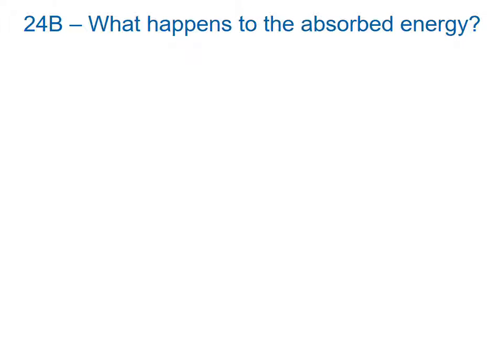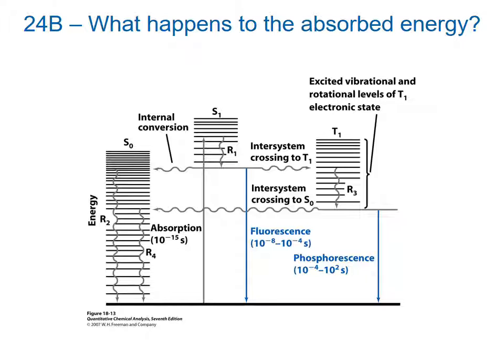Phosphorescence is another type of emission spectroscopy, but it's a little bit more difficult to understand what's going on. Fluorescence involves excitation at one wavelength, and then a relaxation, usually vibrational, then an emission at a different wavelength, usually a longer wavelength and therefore less energy.